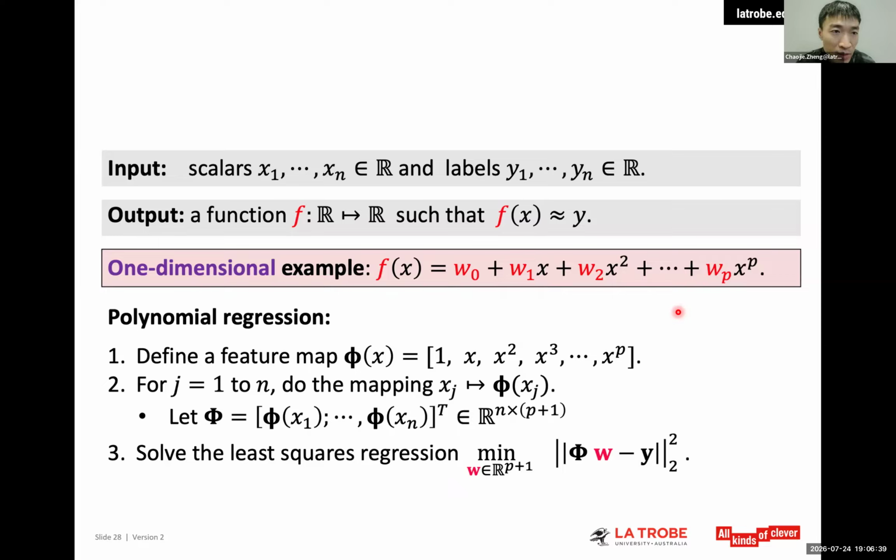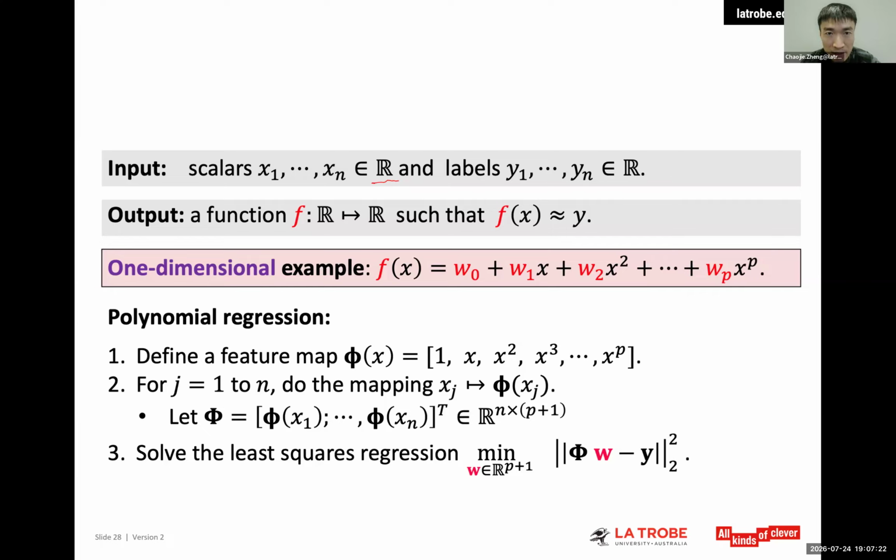So let's look at the input and output of the polynomial model. The inputs are scalar values, just single values, because we can see from this R, not R to the power of D, that for each data sample, it only has one feature value, the x value. It is a single scalar. And each data sample comes with a label, the target we are going to predict.